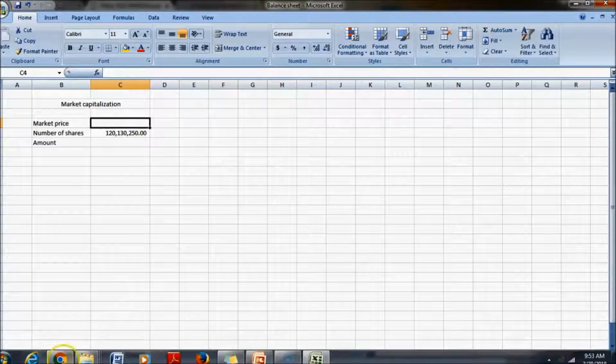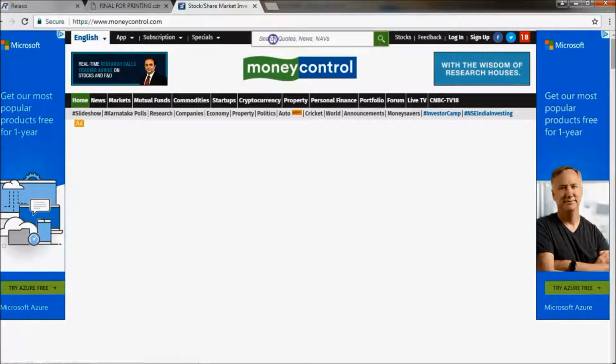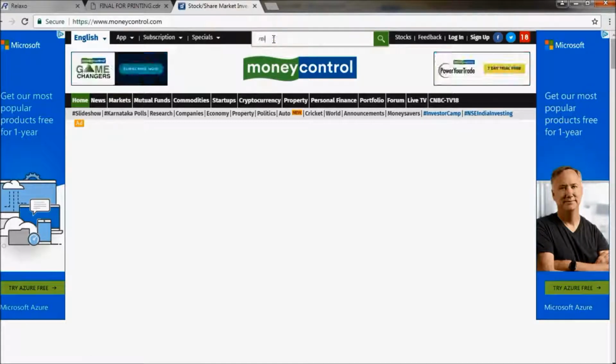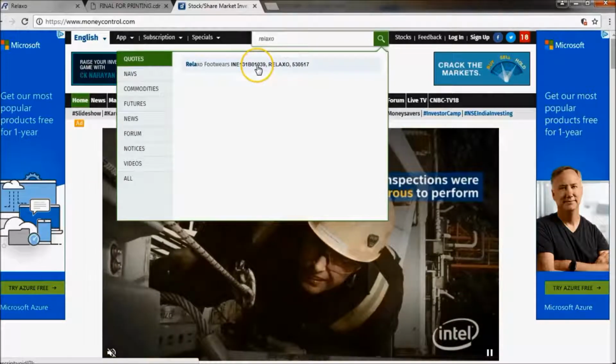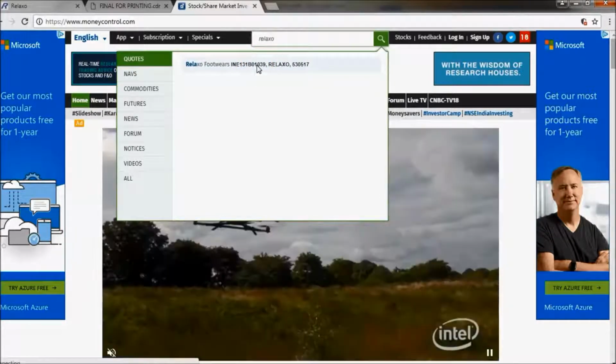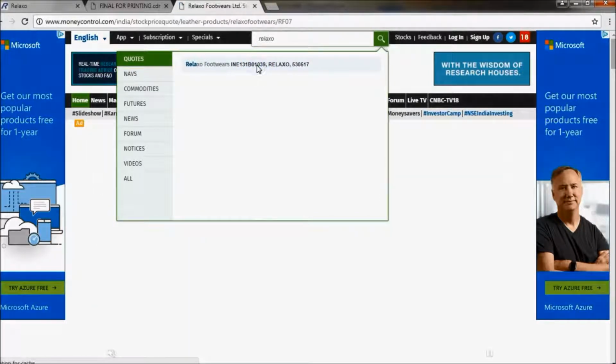know the market price, I go to the website and I can see the market price at which the share is trading at present.